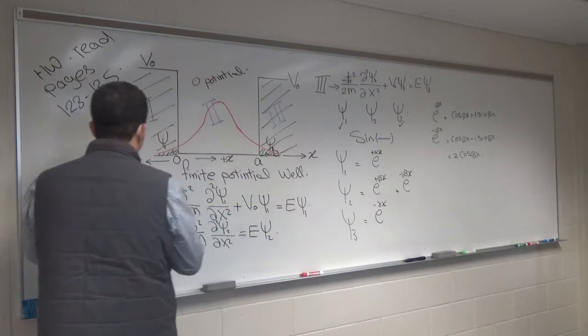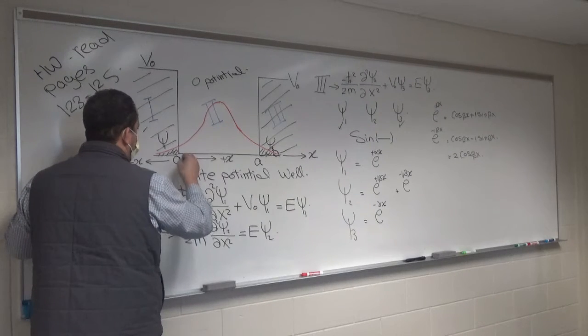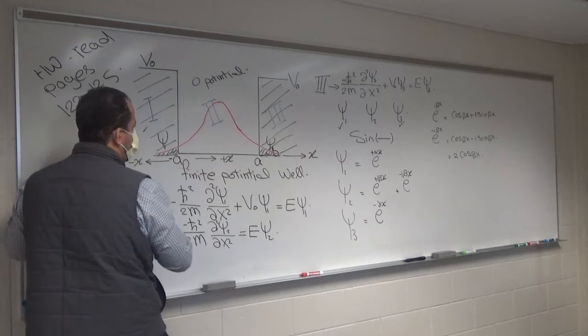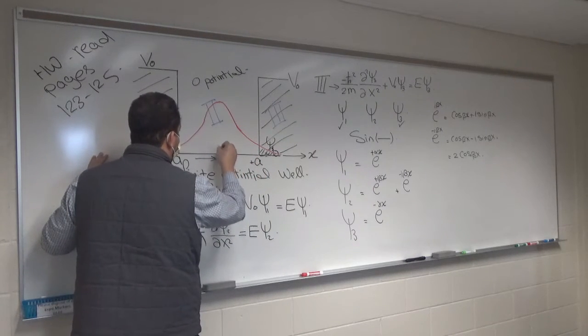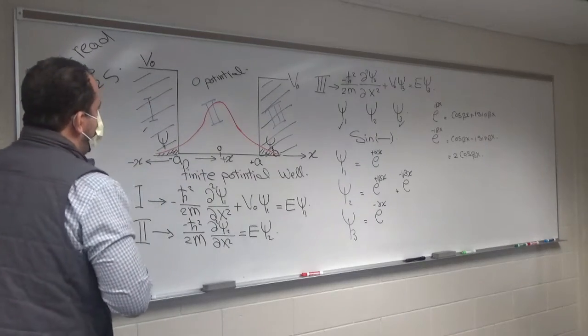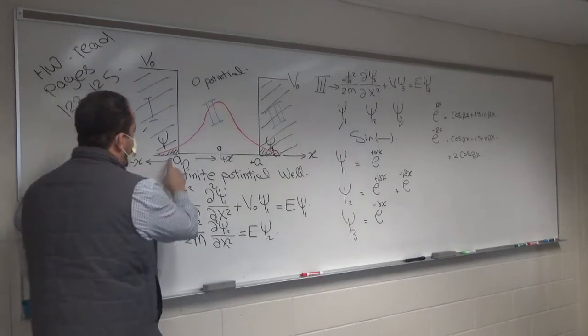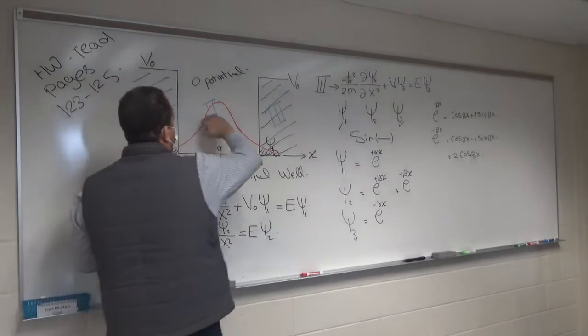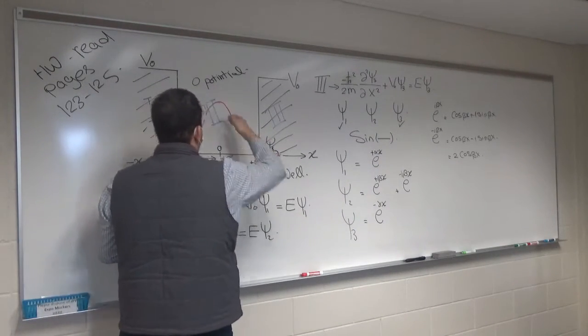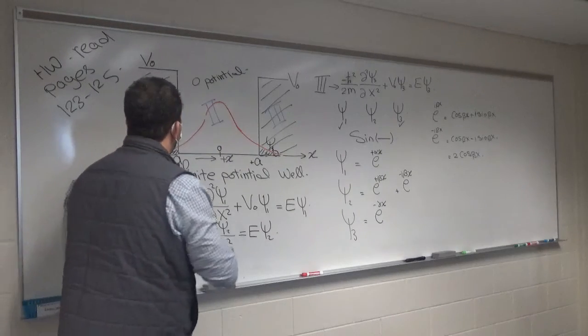So maybe I can do that, just to avoid overthinking about that. So we have minus a here, and we have positive a, and that's fine, guys. There is no problem. And here we have 0x. That's fine. If we have something like this, cosine should work. That's totally fine. So highest amplitude, and then go down, and then go down.